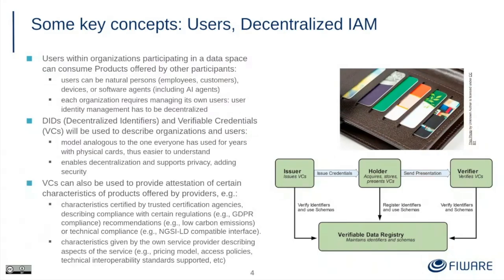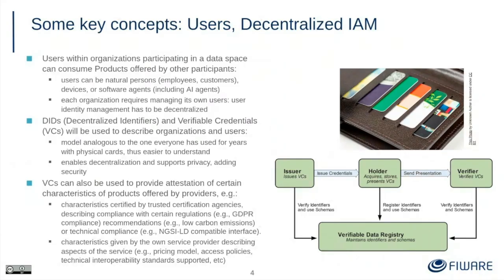If I want to offer, for example, a product that is compliant with regulations like GDPR, or has low carbon emissions, or has technical compliance with certain standardized interfaces, then I can certify this in a verifiable credential. This verifiable credential can come from a trusted third party.